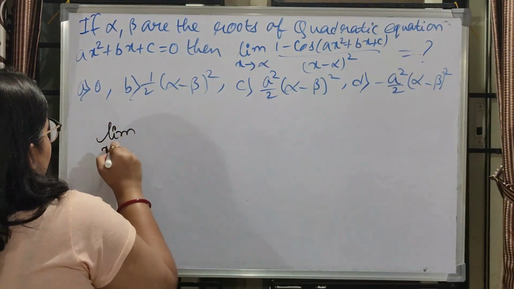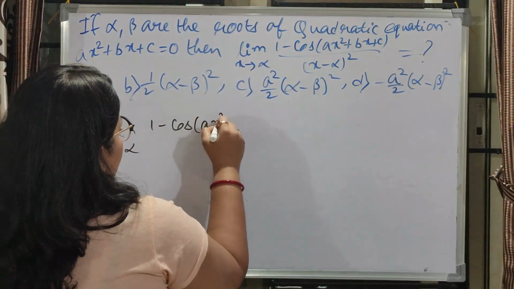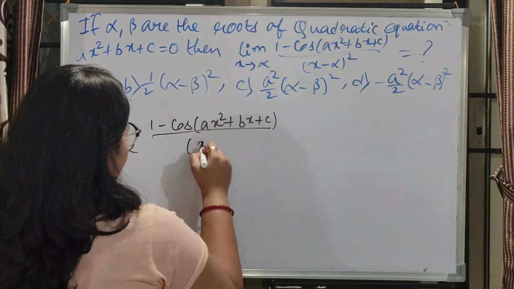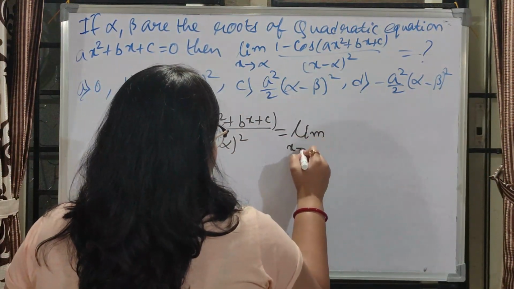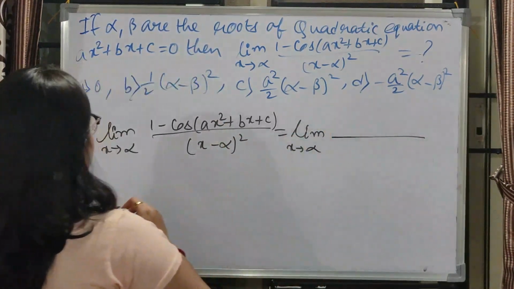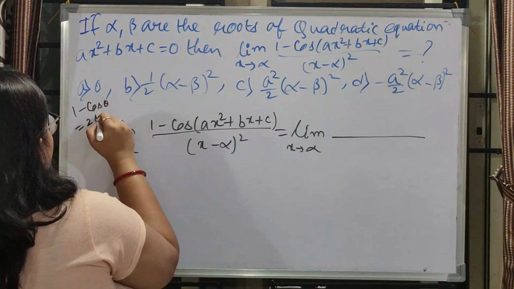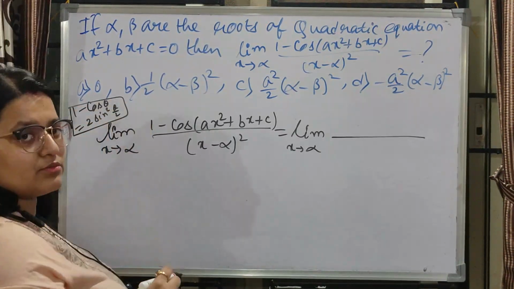See, limit x tends to alpha, 1 minus cos of (ax square plus bx plus c) upon (x minus alpha) square. So we'll break this. We know the trigonometry formula 1 minus cos theta equals 2 sin square theta by 2. We'll use this formula.